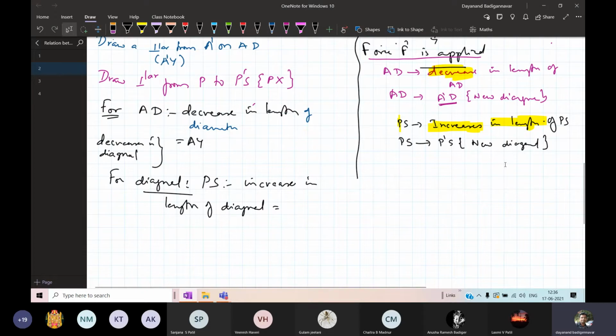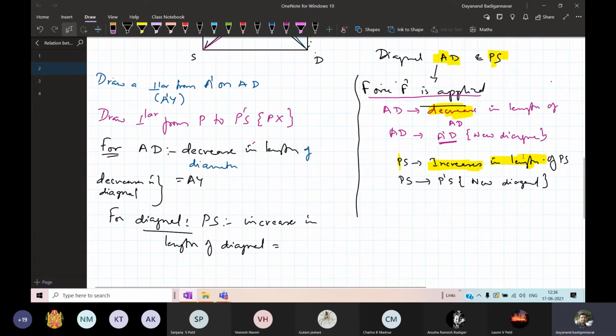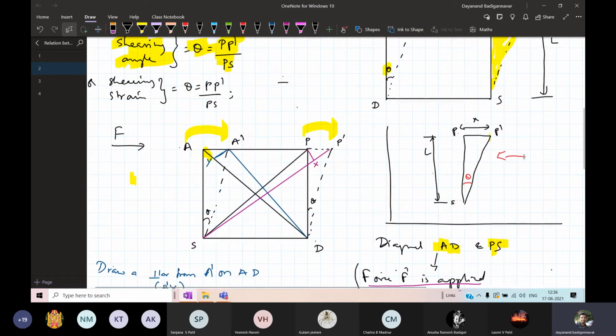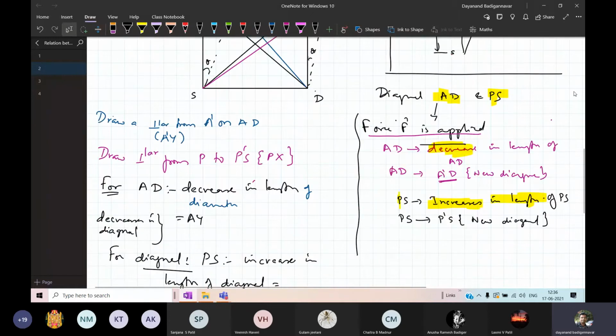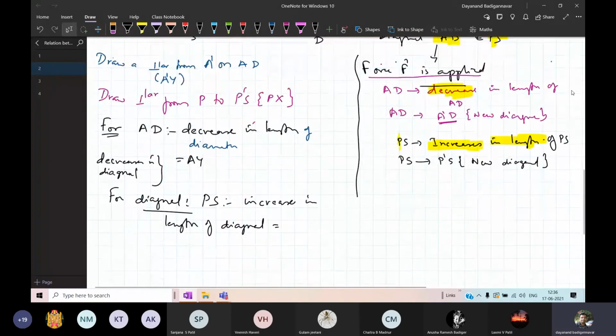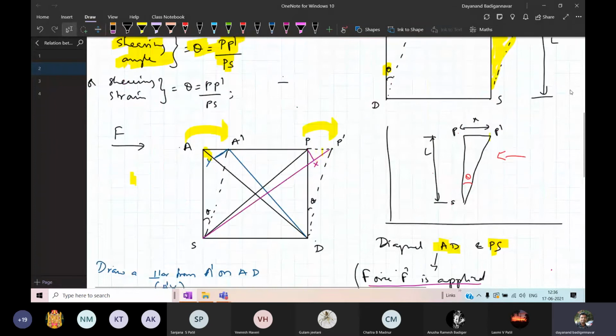If you look at the diagram, the increase in the diagonal is equal to P dash X. This much is the increase, so I will write that as P dash X.